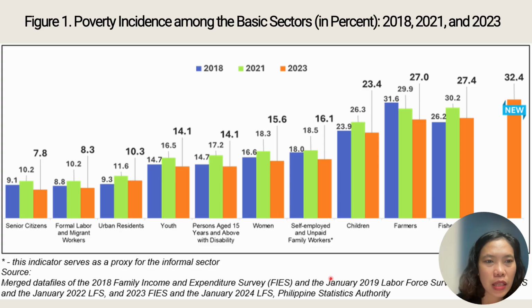We have senior citizens, urban residents, the youth, the women, children, farmers, fishers, and they showed various poverty incidence throughout 2018 to 2023.